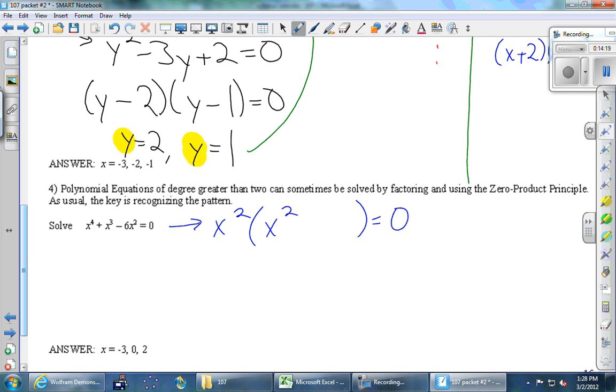And what's left? x squared plus x minus 6. Is that right? Okay, and I already like it better because I took something with x to the fourths and x to the thirds, and I translated it into a familiar looking quadratic equation.